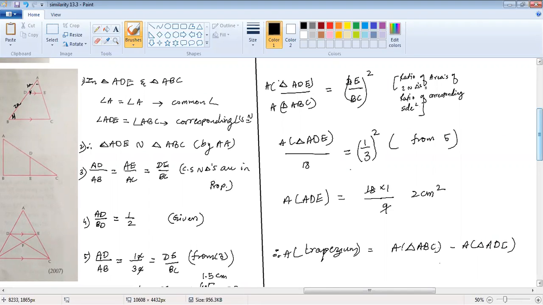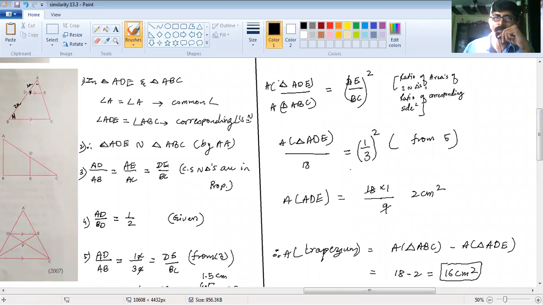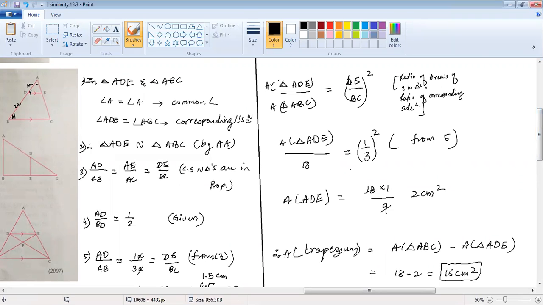And that will become 18 minus 2, that is 16 centimeters square. Please students, write down the units also, and that too the correct unit, and that's how you're going to get the full marks. I hope you understood this very well, isn't it? It's very simple, student. Just do it, and you can pause this video over here and copy paste it in your book.